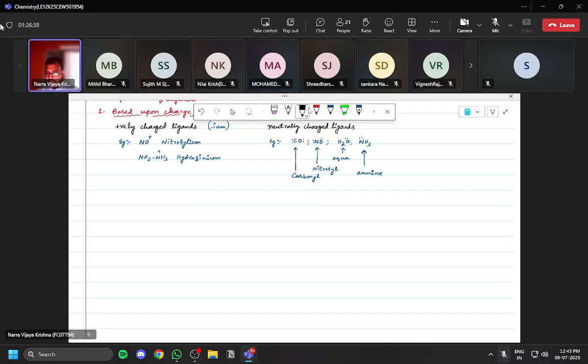Now, negatively charged ligands. In the case of negatively charged ligands, the terminal e is replaced by o.